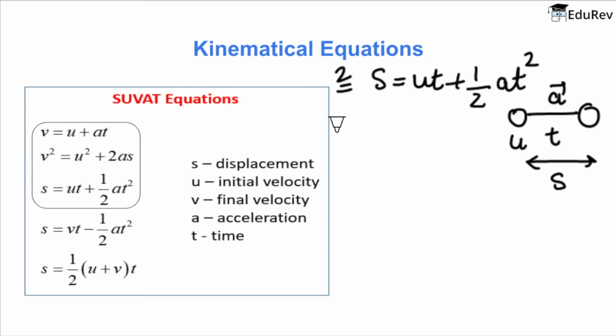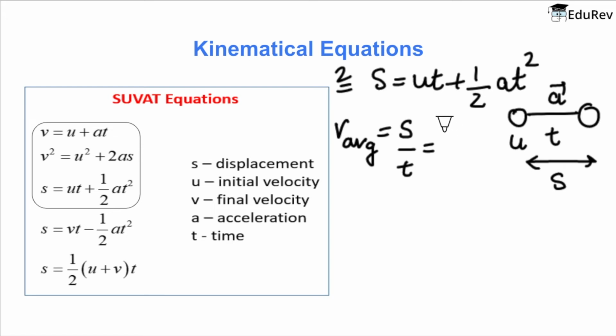How did we get to this equation? If we take the average velocity, if you remember it from your previous video, it is defined as the total distance traveled upon total time.